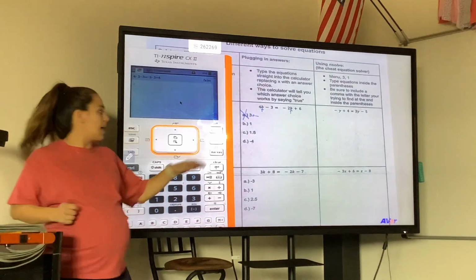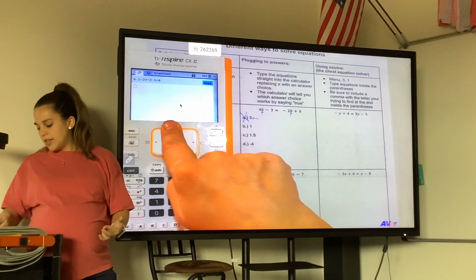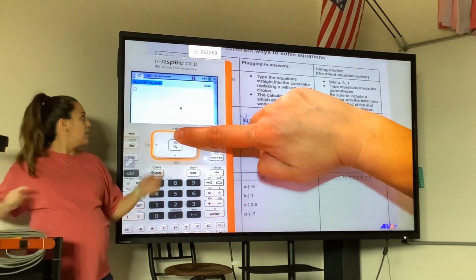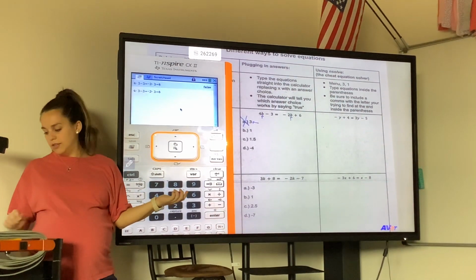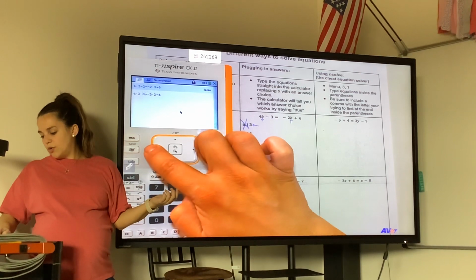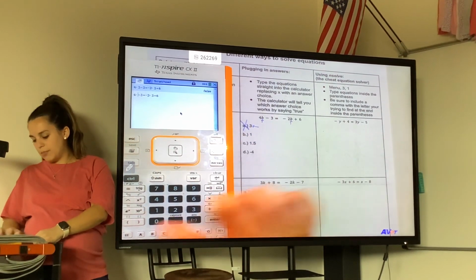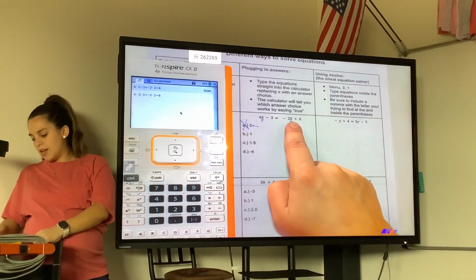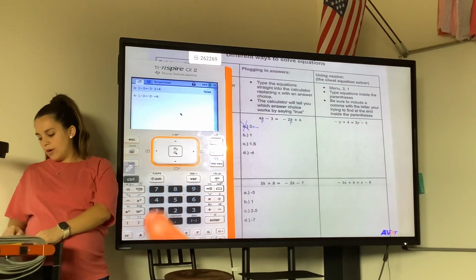And if I want to type in the 1 instead to see if that's the answer, there's a little trick that I can do. I press the up button until it's highlighted, and then I press enter. So it's like copy and paste. I can scroll back to where I had originally put that 3, and I can delete it and put a 1. And same thing right there for the other b. I can scroll, delete it, put a 1.